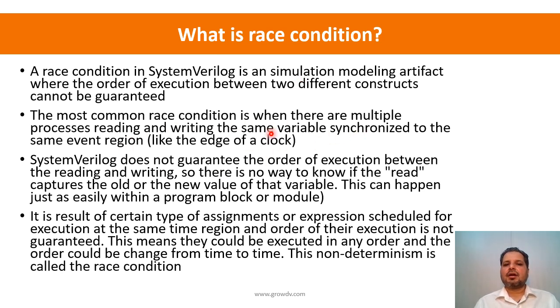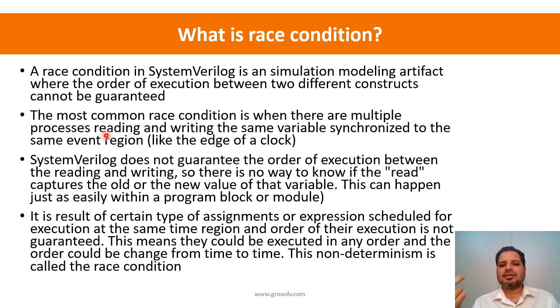The race condition most commonly occurs when there are multiple processes, that is the first factor, and the second factor is they are trying to read and write a common variable, and third, they are synchronized to the same event or the same event region. Those are the three things. Then when you do that, that's where the race condition has a high chance of appearing.